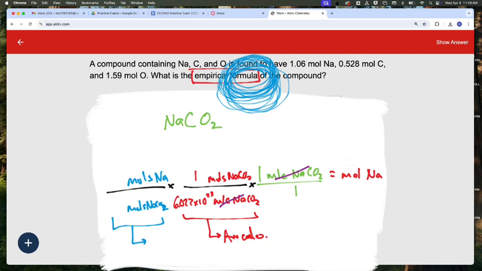How many times does sodium show up in NaCO2? Once. How many times does NaCO2 show up? Once. So now what can I go through and do? I run my calculation, right? Simple calculation. Okay. So how many moles of sodium appear in one molecule of sodium CO2?